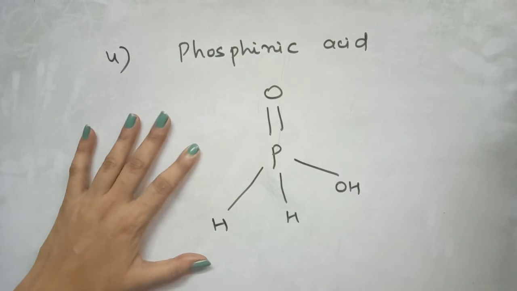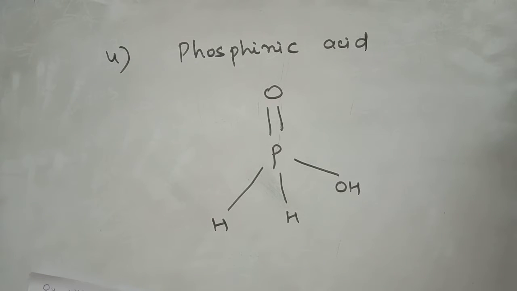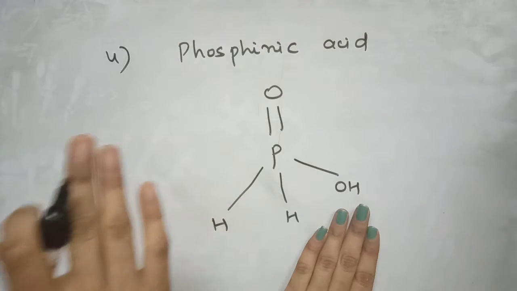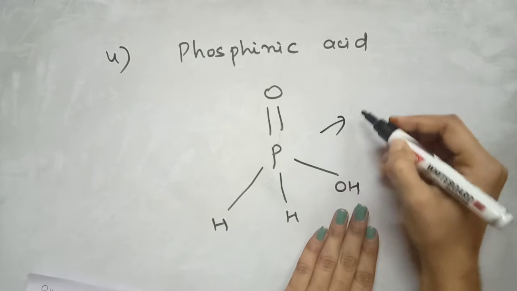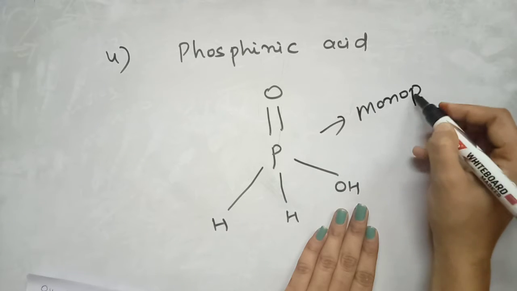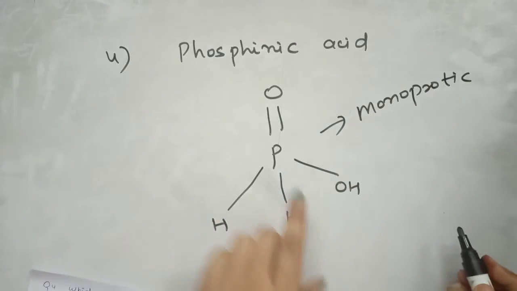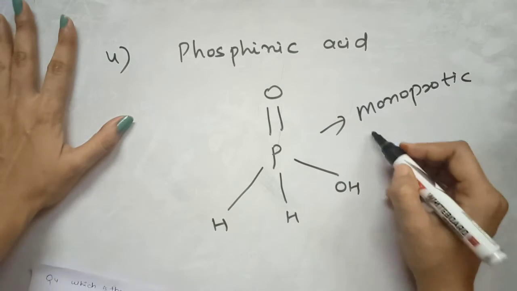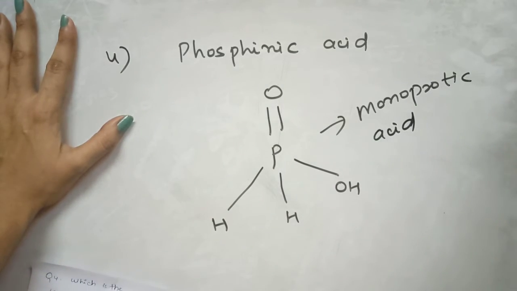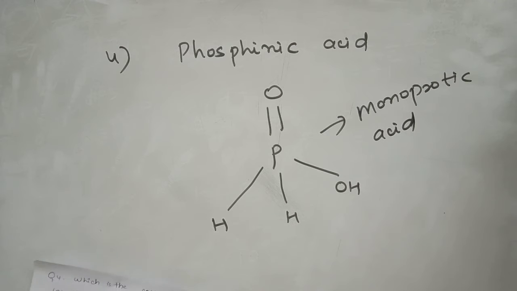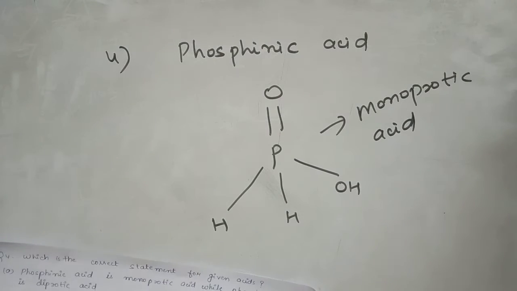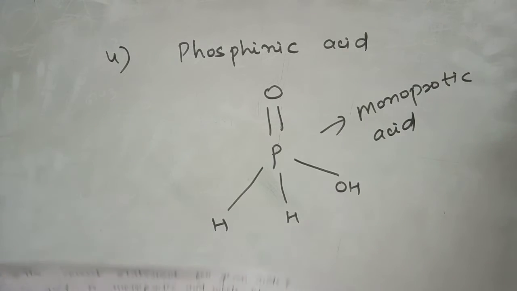So basically one H plus is replaceable in the case of phosphinic acid. This is monoprotic acid. All the H plus are not replaceable. Basically the hydrogen which is attached to oxygen, only that hydrogen will be replaceable. So this is monoprotic acid. Now this is the case of phosphinic acid. That means phosphinic acid is monoprotic.